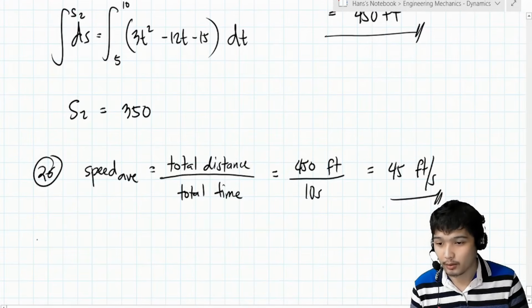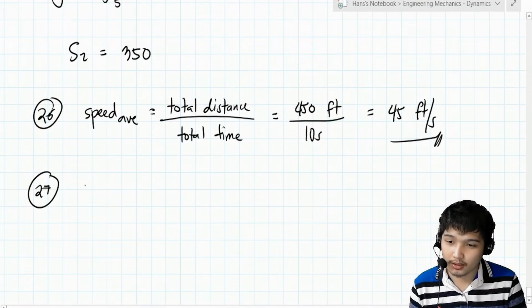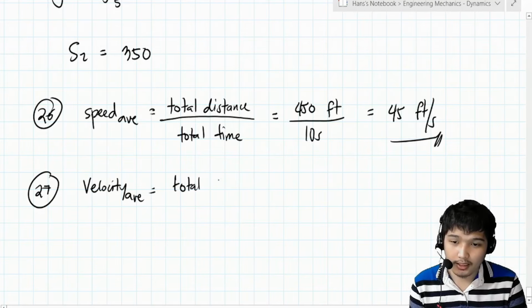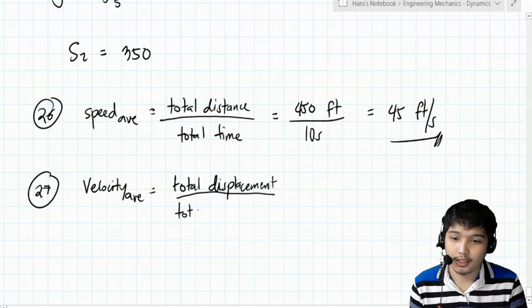Okay, next, 27. Ang tinatanong is average velocity. So this one is the ano naman, total displacement. Okay, over total time.